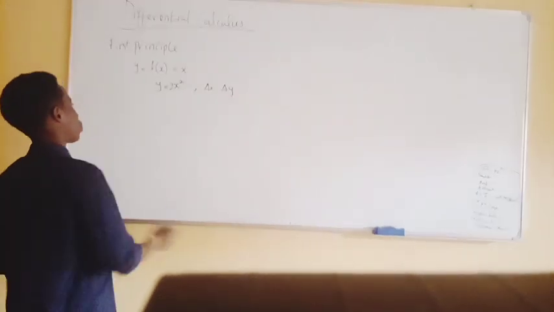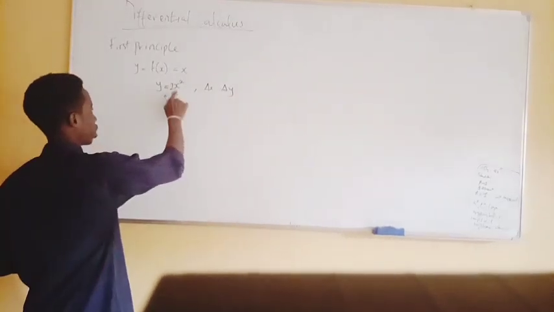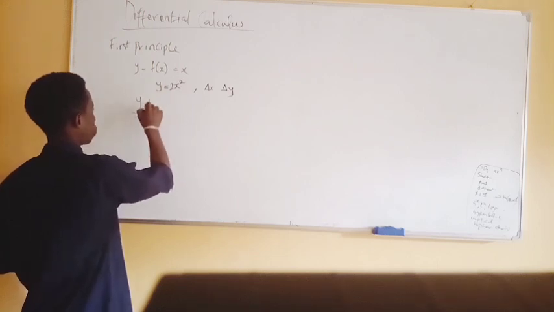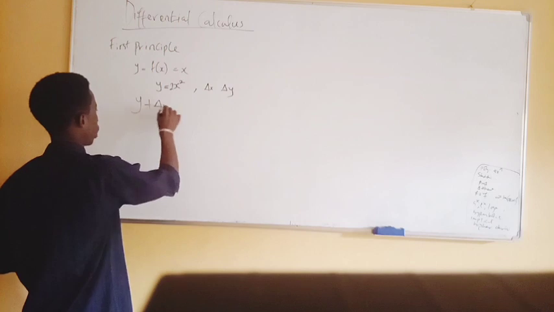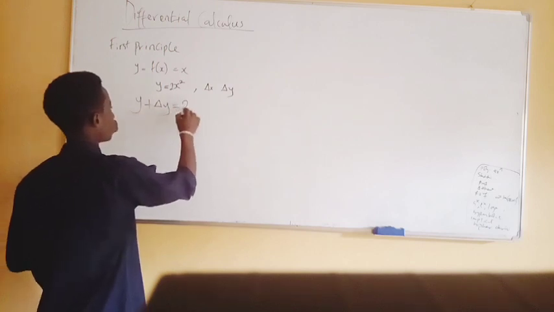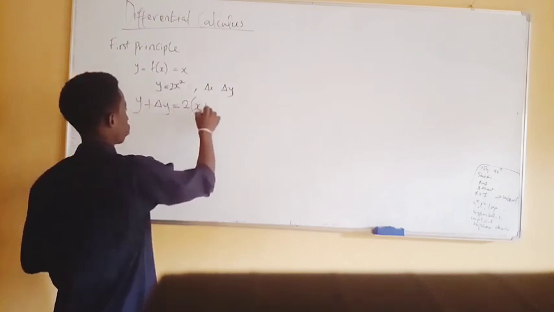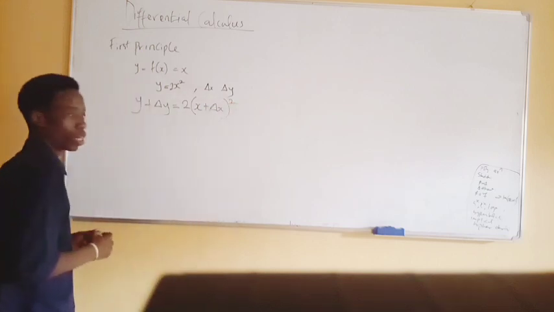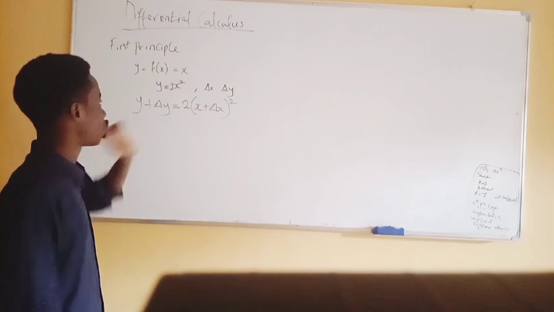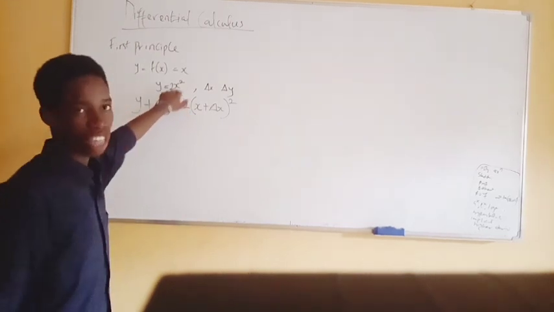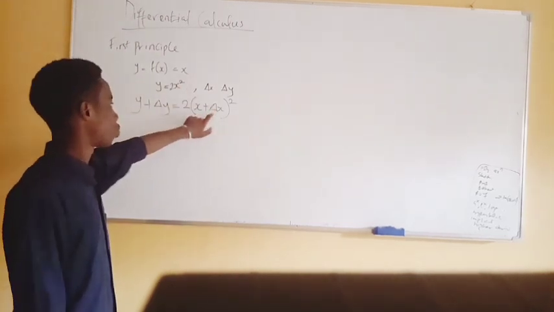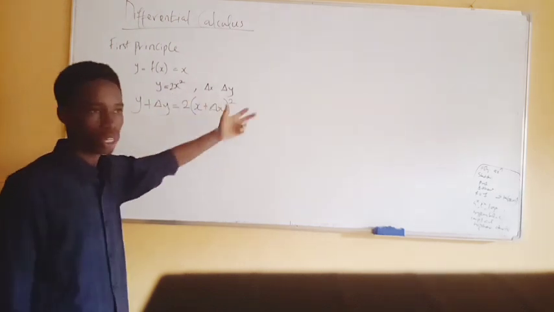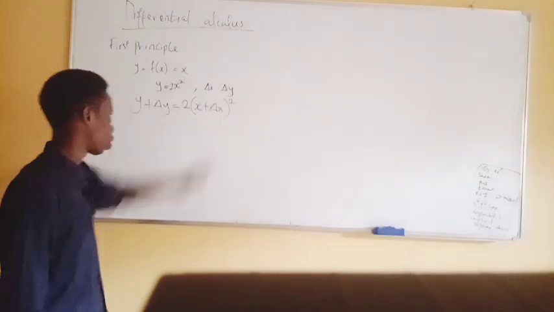Our change in x will cause a change in y. Therefore, y plus delta y gives us 2 into x plus delta x all squared. Now, mind you, it's not a change in x squared, it's a change in x. It's not x squared plus delta x squared. It is x plus delta x.